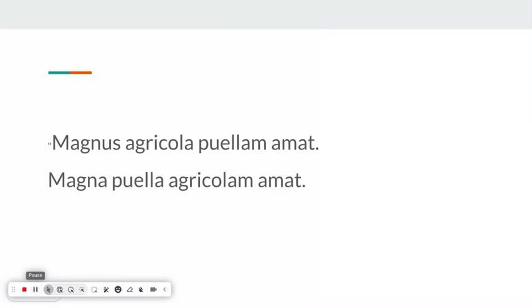Now look at the second sentence. Now the girl is the subject of the verb, so you see how the ending changed for the girl and for the farmer now. So Latin's great when you're reading. If you understand these declensions, you can follow where they fit in the sentence. Here it was the object, in the objective case, which we call the accusative case in Latin, but now it's in the nominative case.